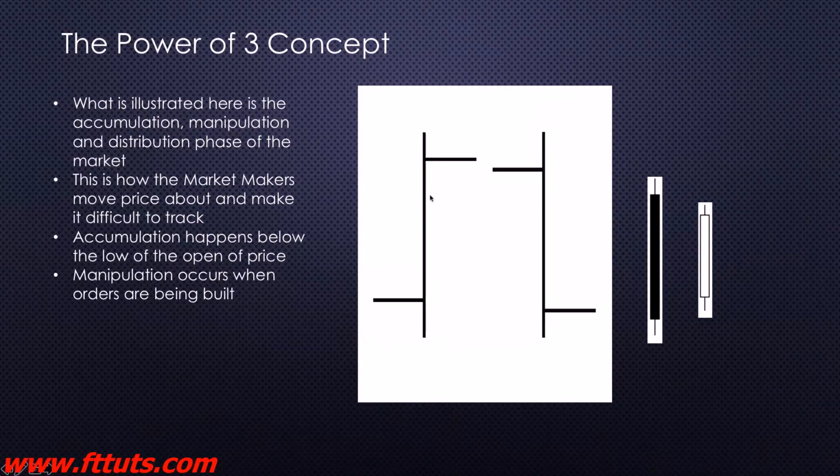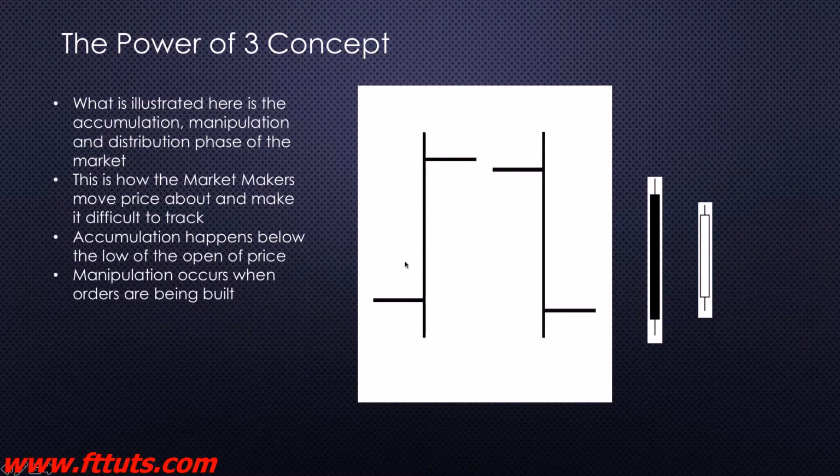So this is the trading day volume, guys, okay? The way we use this information is that the market makers will accumulate price below this opening price. So they'll drop price below here to accumulate orders, building up their resources, their orders in the market, to then later distribute it up the chain.